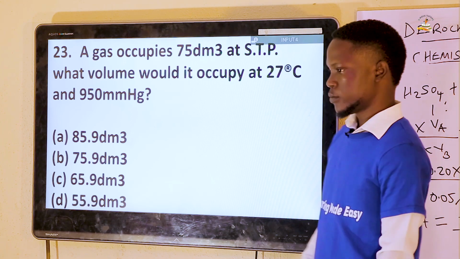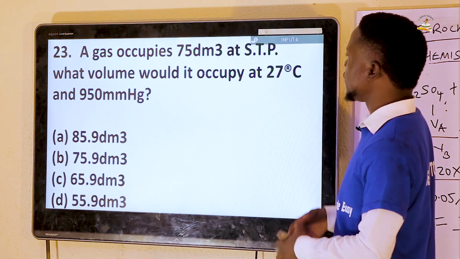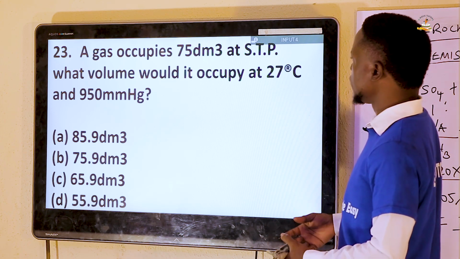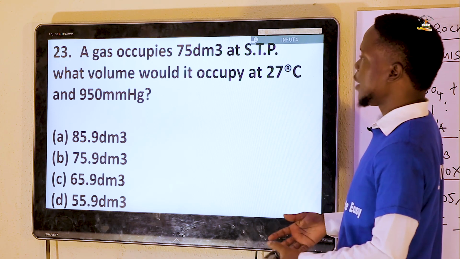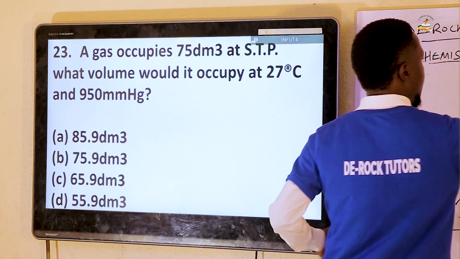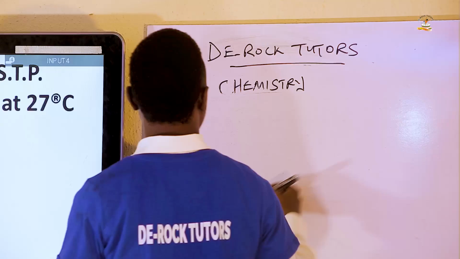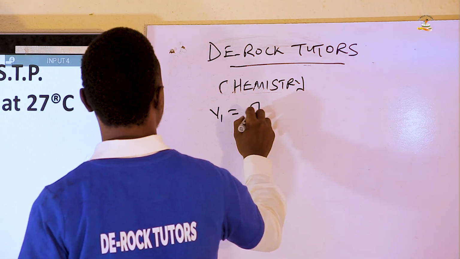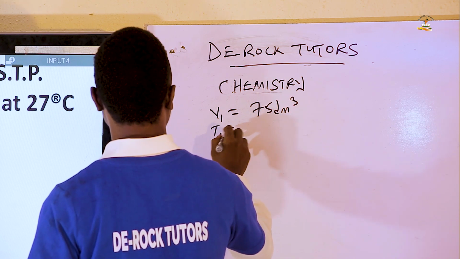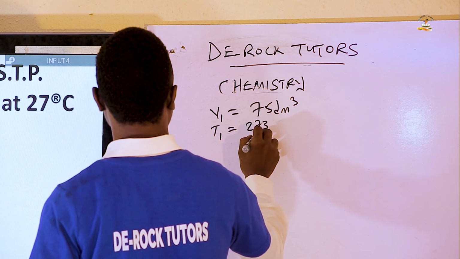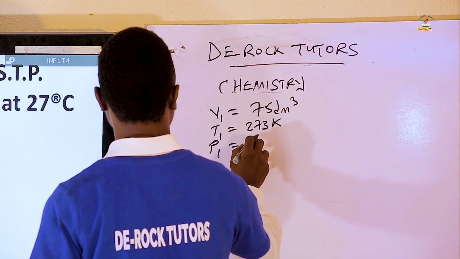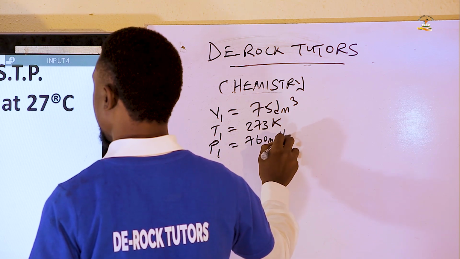Next question. A gas occupies 75 dm cube at STP. What volume would it occupy at 27 degrees Celsius and 950 millimeter of mercury? Okay, so here we use the gas laws. So here the volume is 75 dm cube. The standard temperature is 273 Kelvin, while the standard pressure is 760 millimeter of mercury.